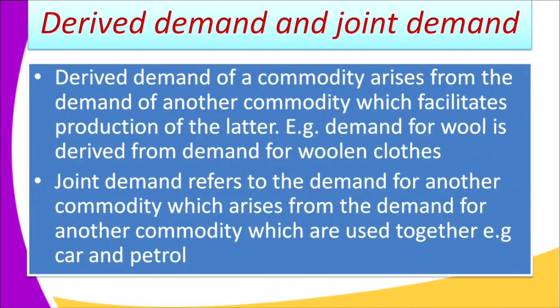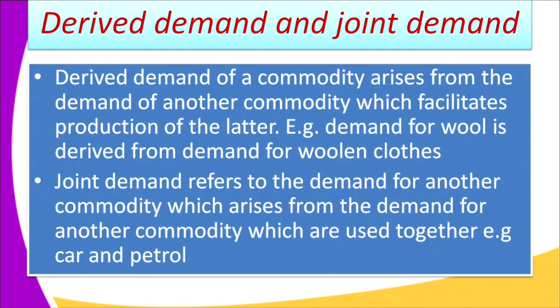For instance, a very good example of derived demand is the demand for eggs. When you demand to eat eggs, eggs come from hens, and therefore that drives you to demand hens so that you can get your actual demand. So you can say that demand for hens is derived from the demand for eggs.